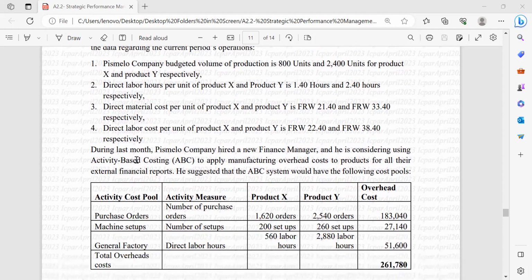So information number 4, they are saying that the direct labor cost per unit of product X and product Y is 22.40 and 38.40 respectively.